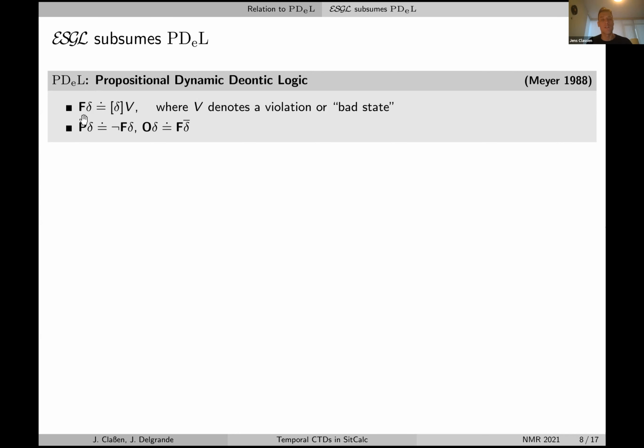You represent the prohibition of a program delta by having a special distinguished propositional variable v that intuitively denotes a violation or a bad state. And then you define a program delta to be prohibited if every execution of that program will lead into that bad state. And then you can define the other deontic modalities in terms of that.